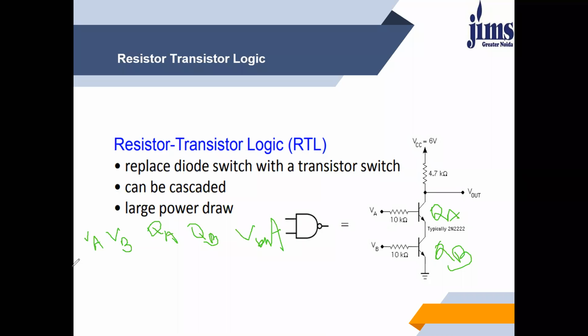So 2 inputs are here, so 4 combinations will be 0 0, 0 1, 1 0 and 1 1. Now what will happen? Whenever we give low input to a transistor, then the transistor will not operate. That means off. Whenever we give high input, that transistor will work.